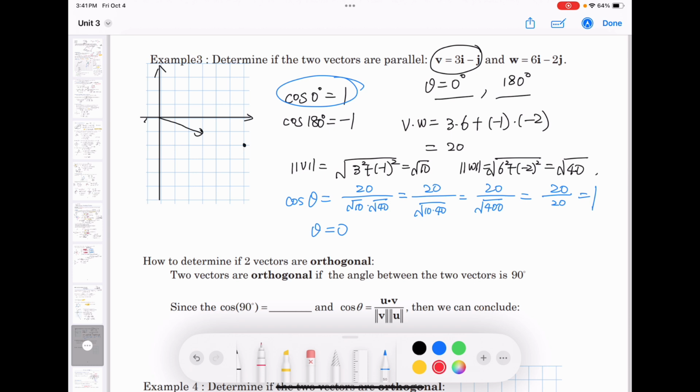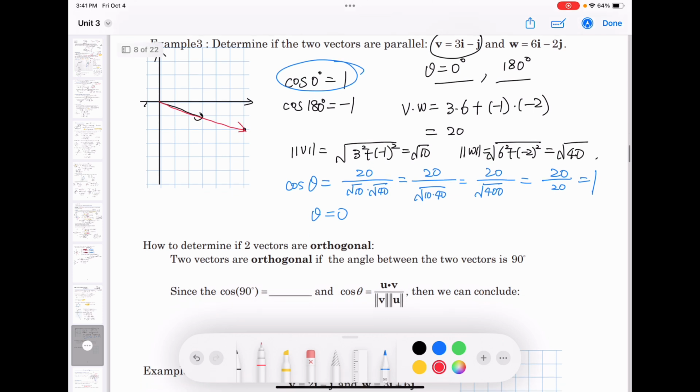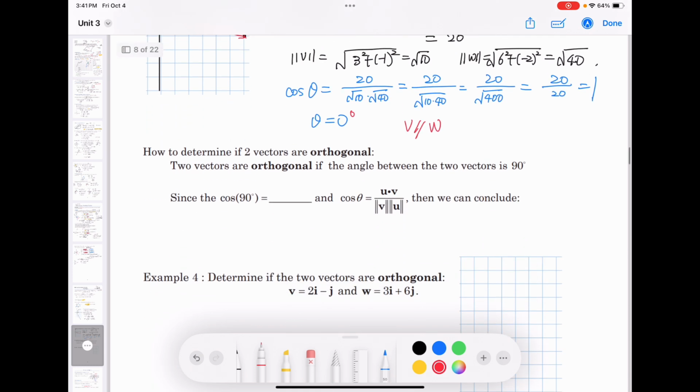You see we have two vectors, and they overlap. The angle between them is 0 degrees. So I say v is parallel to w. These two vectors are parallel to each other, so we use this symbol to represent parallel.